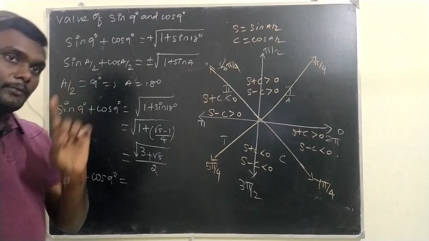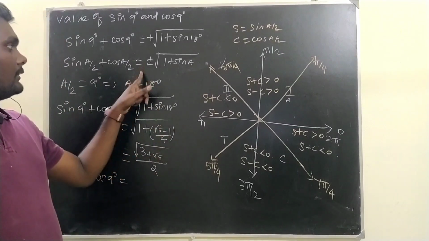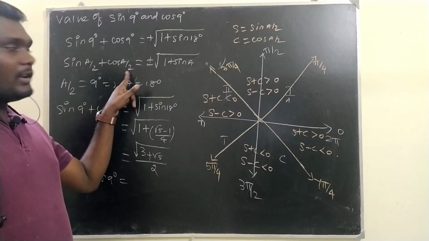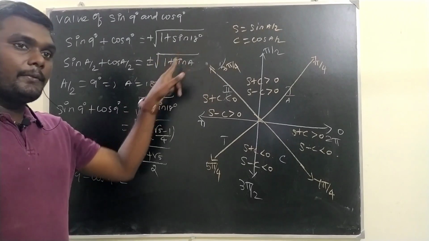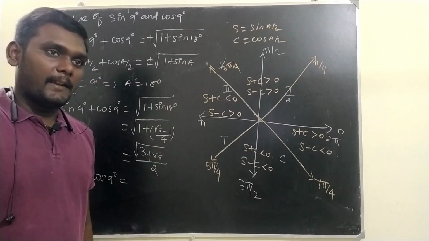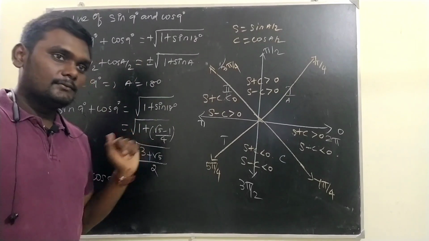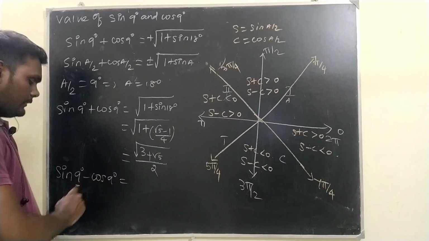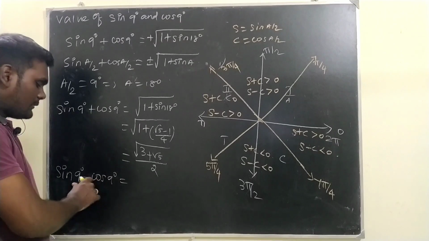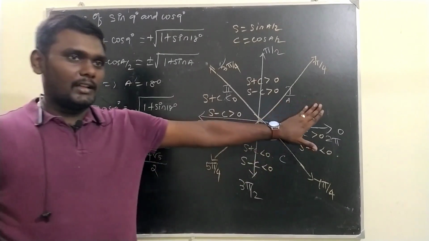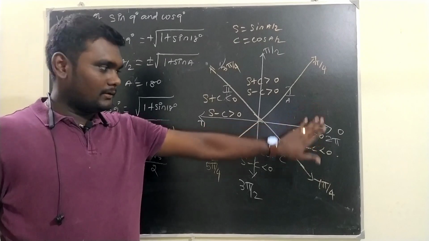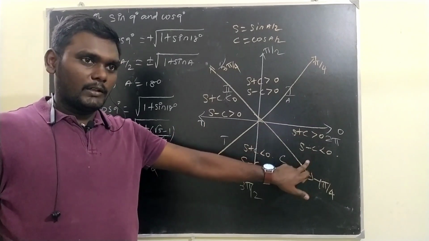For that we know the value. It is sin A by 2 minus cos A by 2, which means plus or minus root of 1 minus sin A. This plus or minus, how will you choose? Based on this A by 2 value. A by 2 lies in which part? This part of the diagram, and in this part S minus C is what?